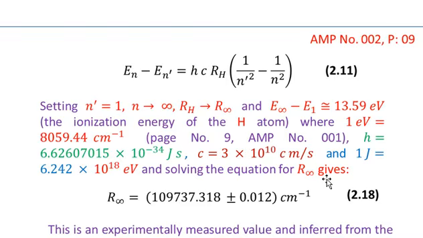Solving equation number 11 for the value of R infinity, using the data given, you will find that R infinity will be equal to 109737.318 plus minus 0.012 as a tolerance, and this value is given in centimeter inverse. So equation number 18 gives you the value of the Rydberg constant in centimeter inverse.